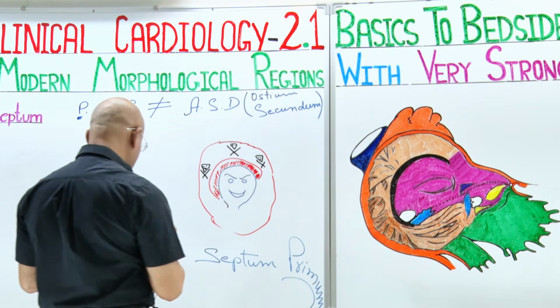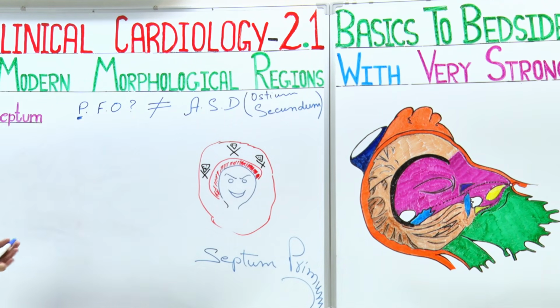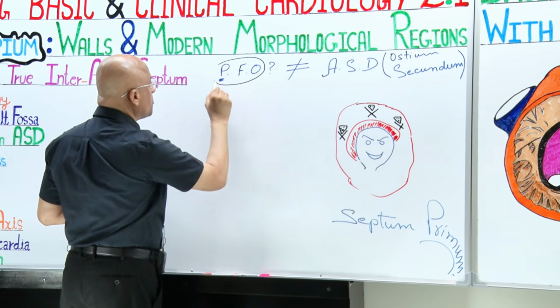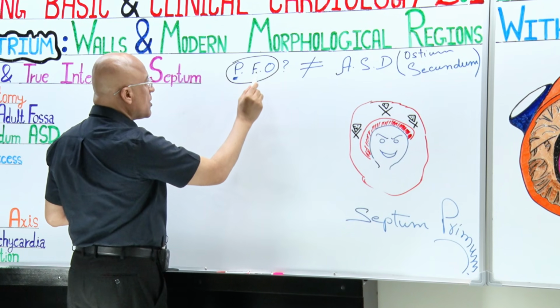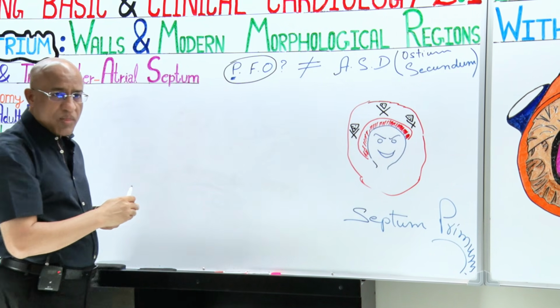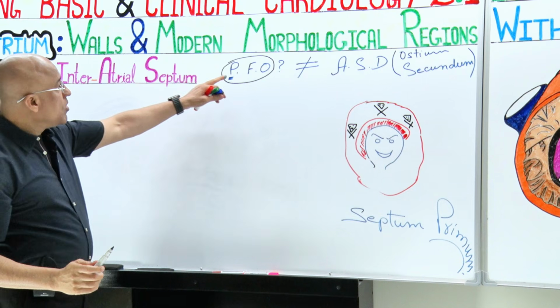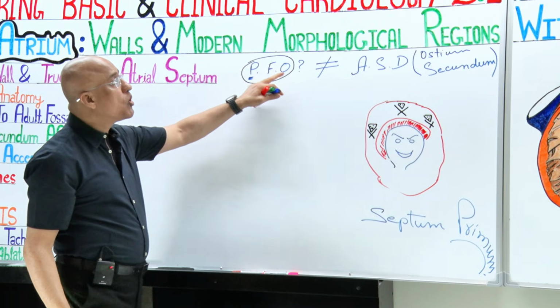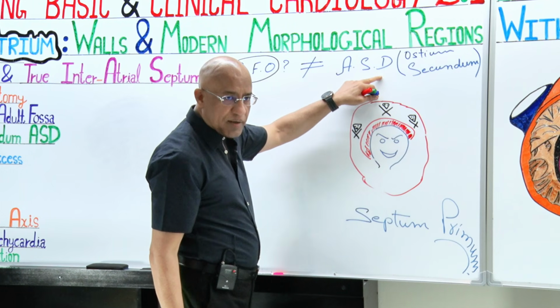Now we will discuss this. First of all, I want to tell you, patent foramen ovale or ovalis is not an atrial septal defect.